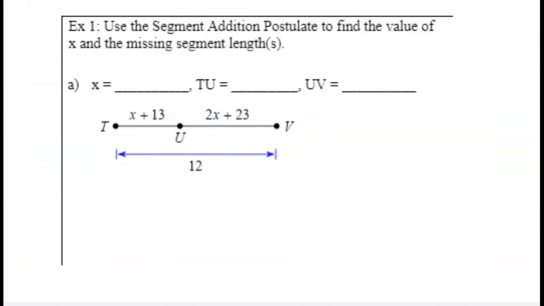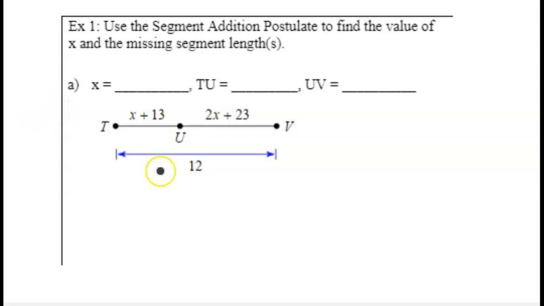Okay, so we are going to use this postulate now in our example. So you should have your strip of paper, and we're going to start with example 1 and part A. So in geometry, we do form our own equations. The equations are typically not set up for us. We're going to need to write them.